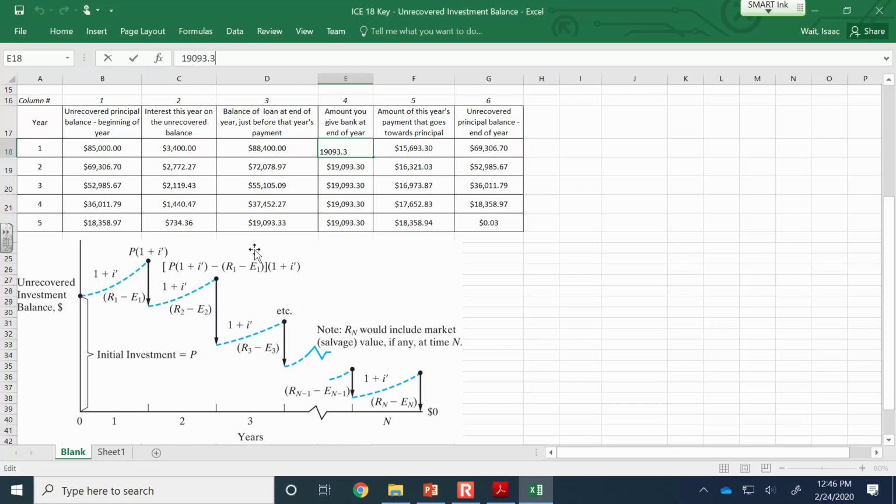I think that some of you were doing fractions of pennies, and you eventually did get it to go all the way to 0. I think in reality what they'd have you do is just that last payment would be a little bit more. And so there's no such thing as paying fractions of pennies. So if you really wanted to go to 0, then this year we'd do $19,093.33, and then that would bring it down to 0.